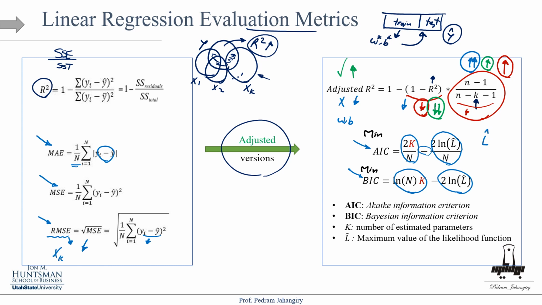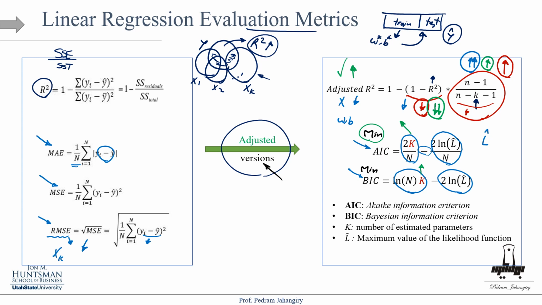Now let's see how it adjusts for the fact that when you add more explanatory variables, it has to penalize that statistic somehow. As I said, the idea is simple. Look at that: if k increases, this part is going to increase, right? So both for AIC and BIC. If you want to minimize this thing, we have to keep it in balance, right?